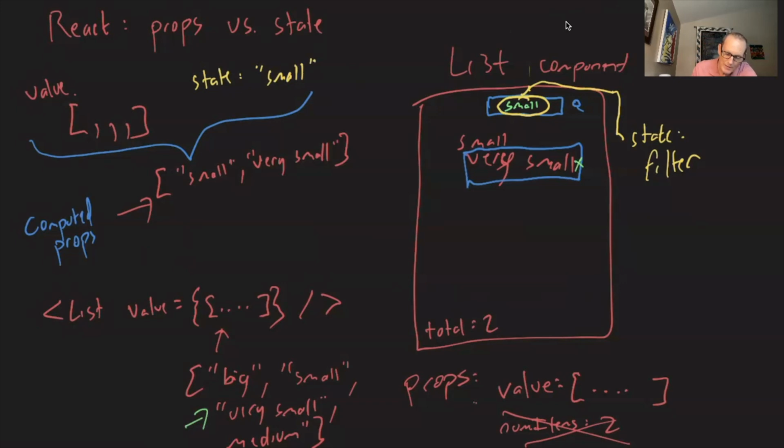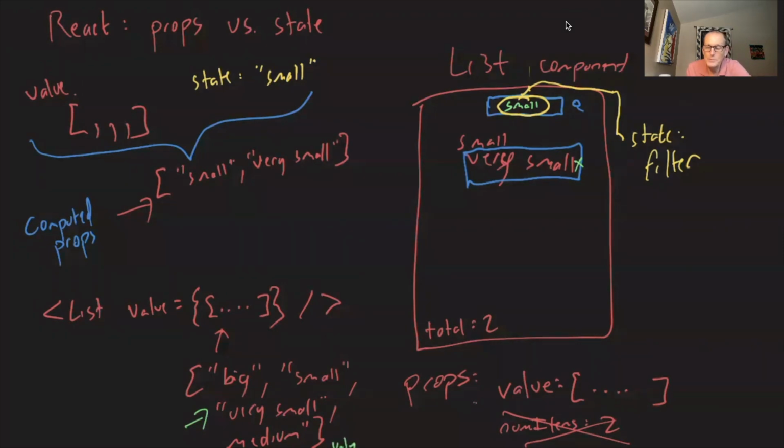So we might have an onValueChange, and this is a function that takes an index and a new value.